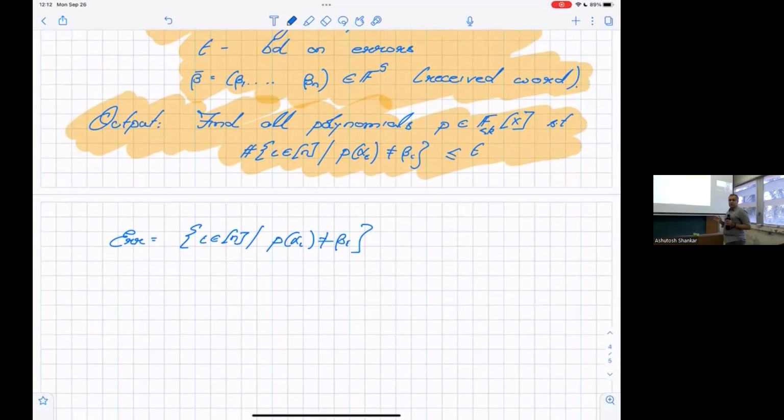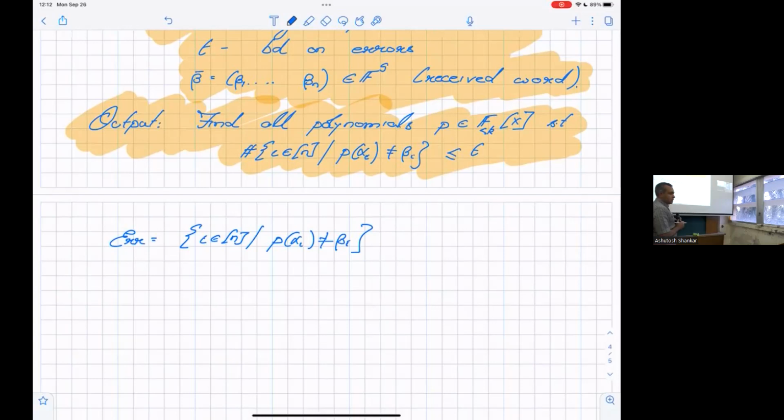Notice that if I knew the error set, the decoding is easy. It's now just a problem of erasures, and I know how to solve that by polynomial interpolation. But we don't have access to this error set. Given the input beta, I don't have this.